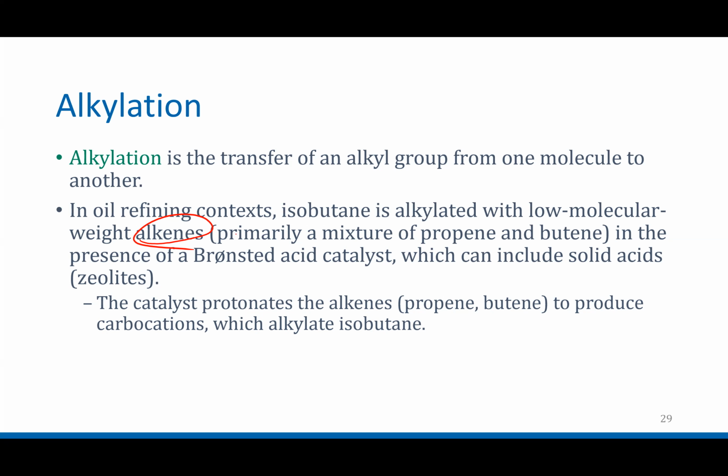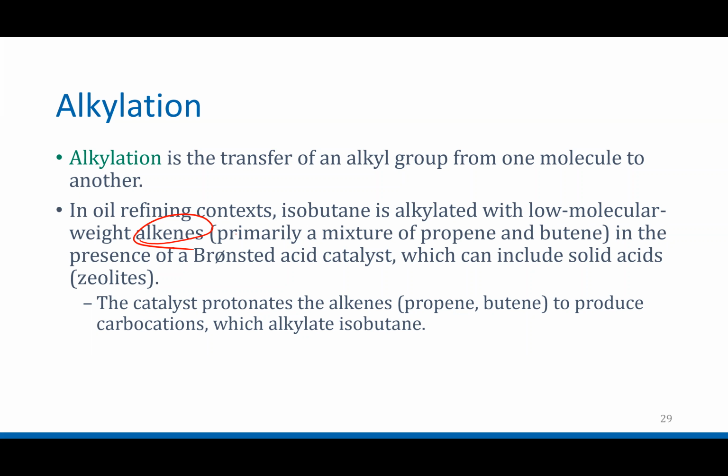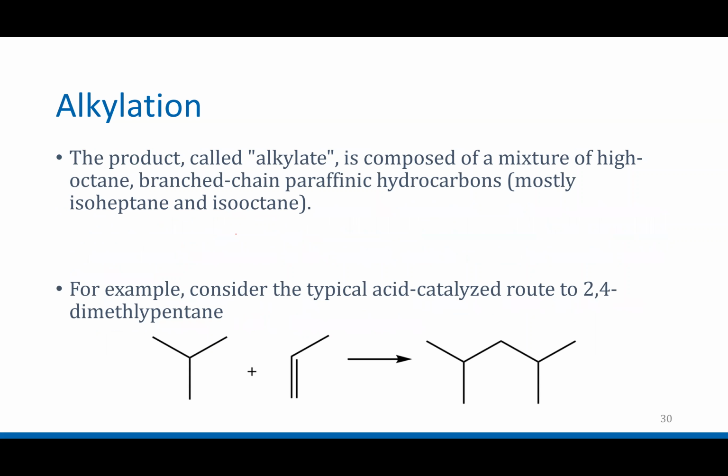These are the smallest alkenes you can get, or some of the smallest alkenes. And we're going to add that to isobutane. So I think I have a picture right here. The product of alkylation in the oil refining context is called the alkylate, and it's composed of a mixture of highly octaned branched hydrocarbons.